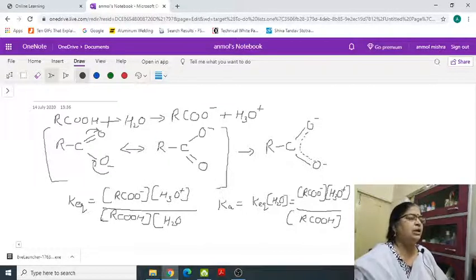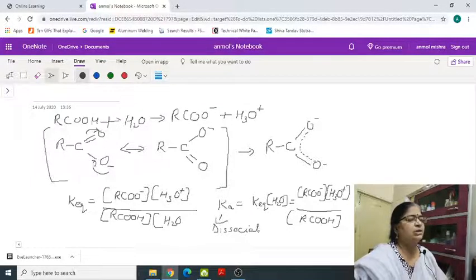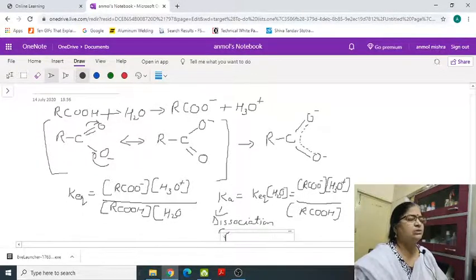So Keq is the equilibrium constant, whereas Ka is the dissociation constant for acid.